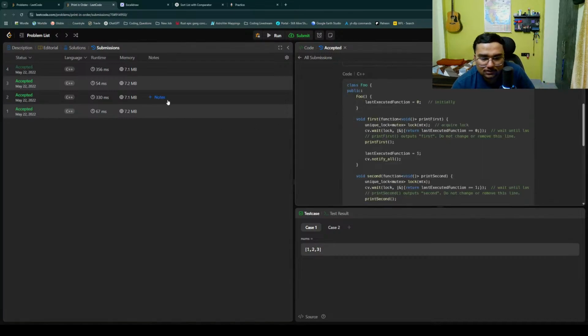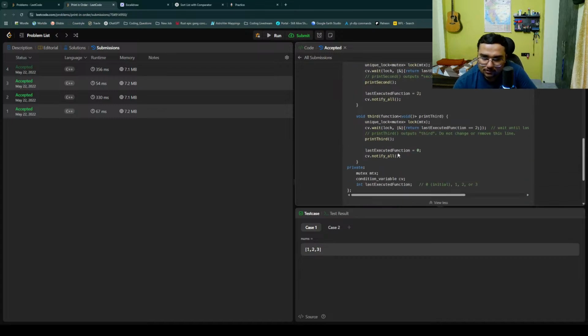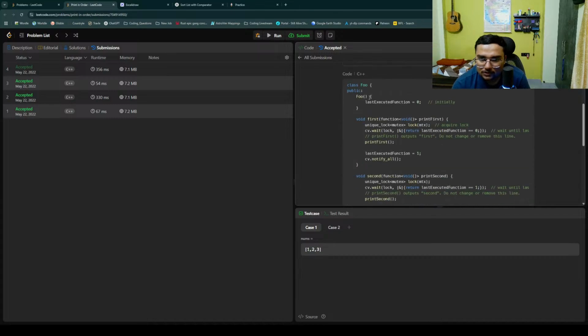Yeah, I was kind of in the same neighborhood here. We have an integer value, we have a mutex where we acquire lock, right? Unique lock, mutex lock, acquire lock, cv dot wait lock, return last executed function equals 0.